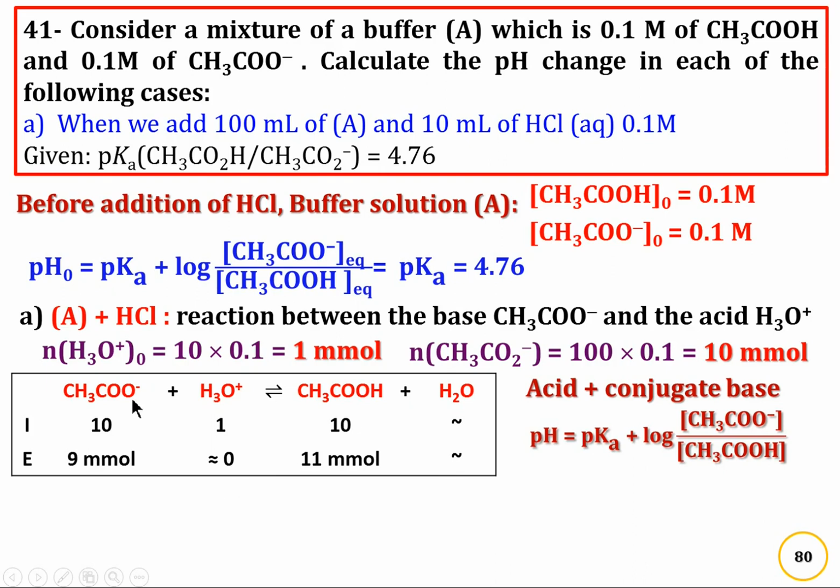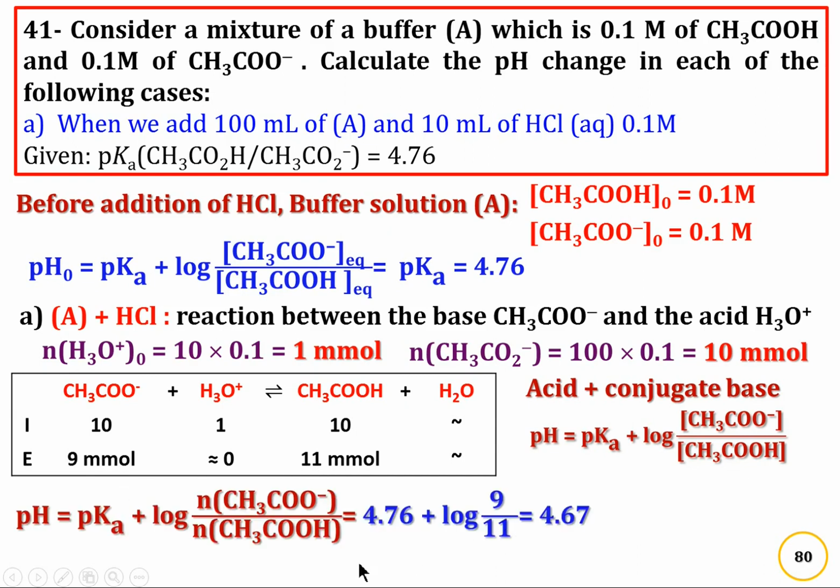So in the solution, we will have the acid and its conjugate base, and we will have exchange between this acid and this base. So by the same way, the concentrations at equilibrium are the concentrations obtained.